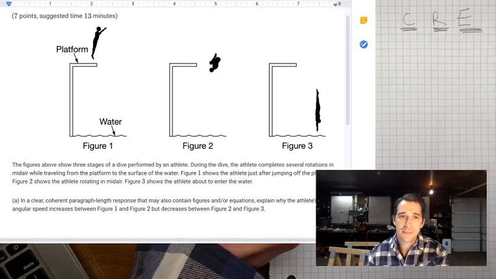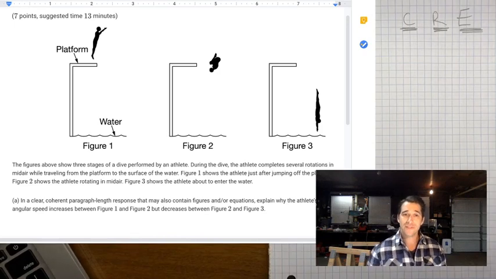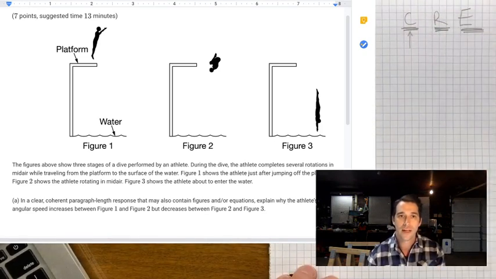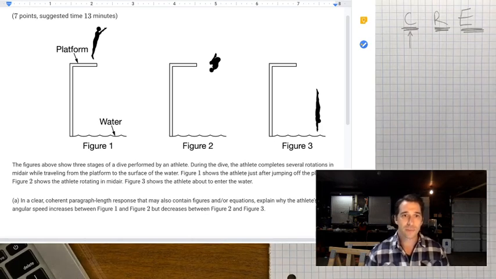So the claim is actually given to us in this problem. They're telling us what we're trying to prove. The claim is what you want to explain.